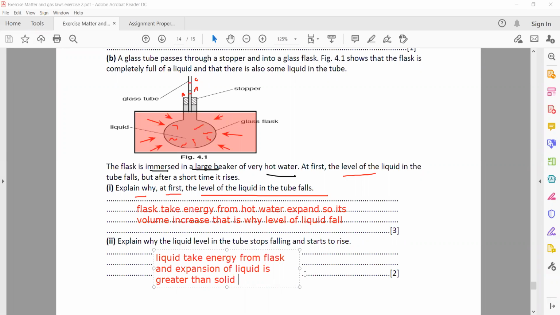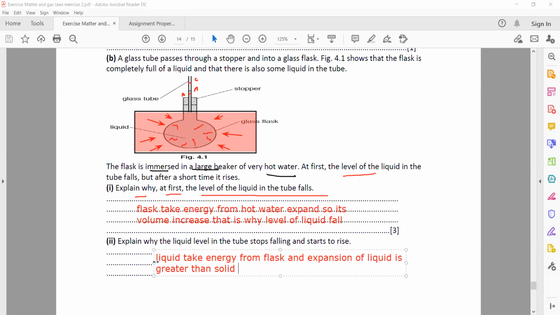That's why it rises in the capillary. Is it clear? Discussion? Any other doubt from this exercise?